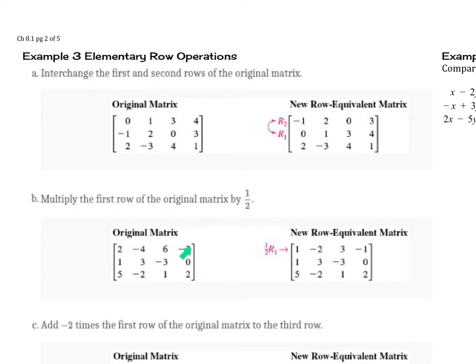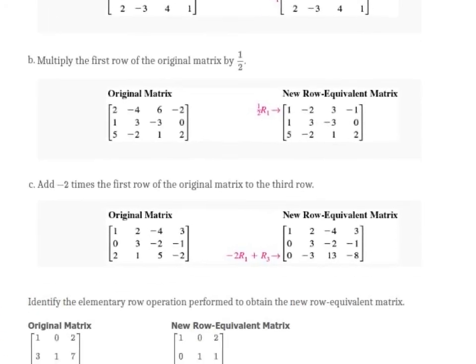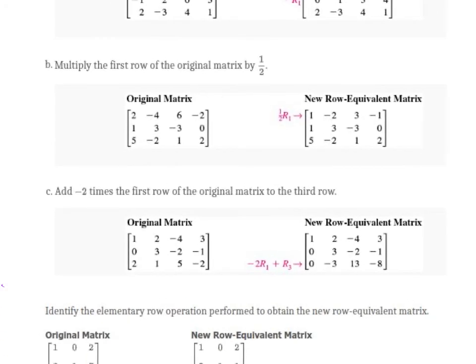Here's the original, and notice we rewrote the new one, and this is how we got the new row, by multiplying 1/2 to row 1. Add -2 times the first row of the original matrix to the third row. They did that, and then they notated it here, and this is the one that changed, the last row, so that's where they wrote their change.